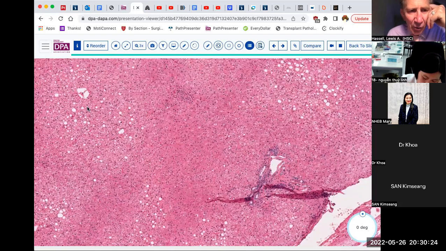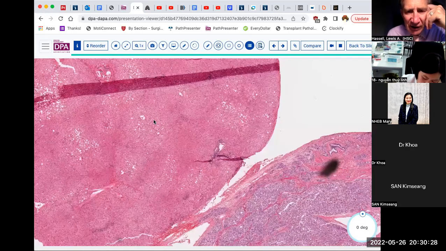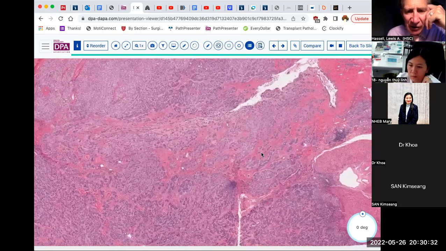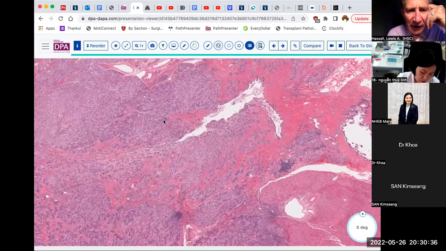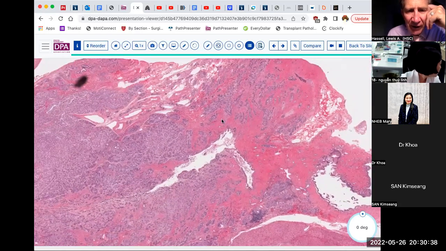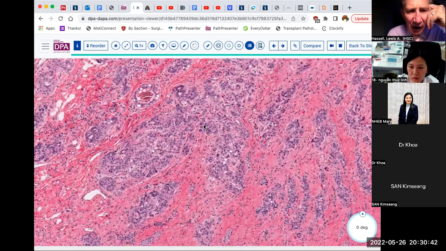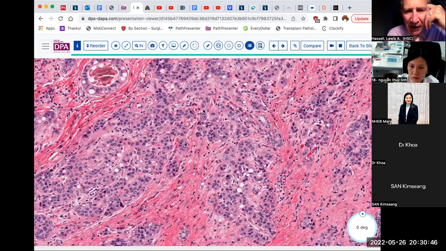Central vein is open. So no evidence of cirrhosis in this particular patient. So in that absence, certainly you'd be inclined to think more likely to be cholangiocarcinoma than combined, which usually will have some of that backdrop. So a different pattern and expression of these tumor cells here.